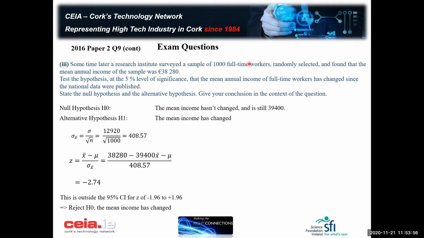And they have a sample of 1,000, and they find that sample has a mean of 38,280, which is a little bit different from the mean that we had before for a whole population of 39,400. And they're asking at the 5% level of significance, so that's 95% confidence interval. So we can use the empirical rule here if we need to.